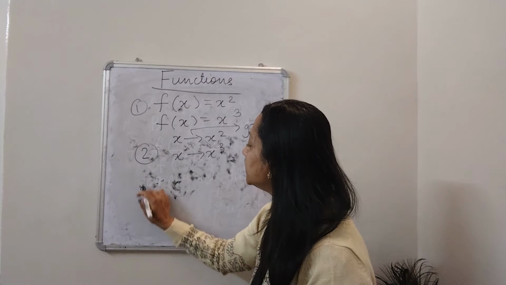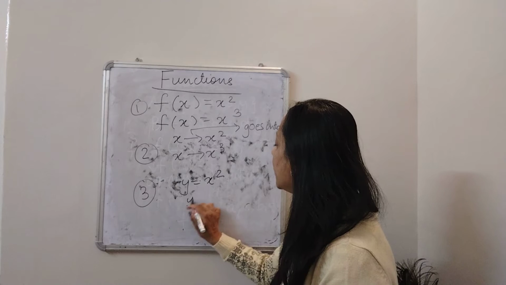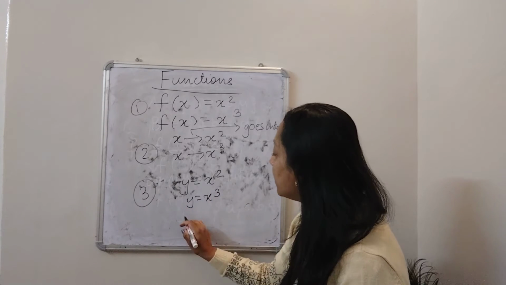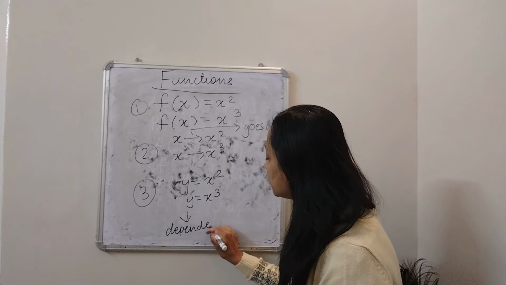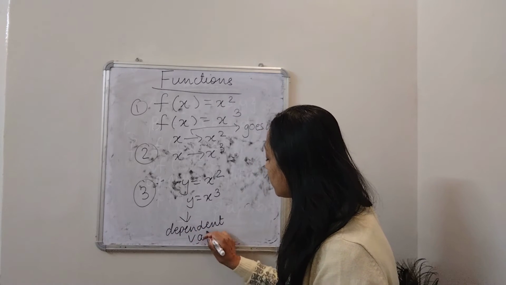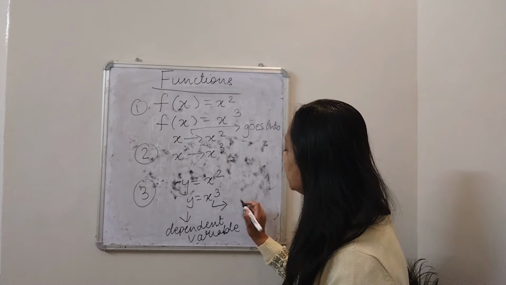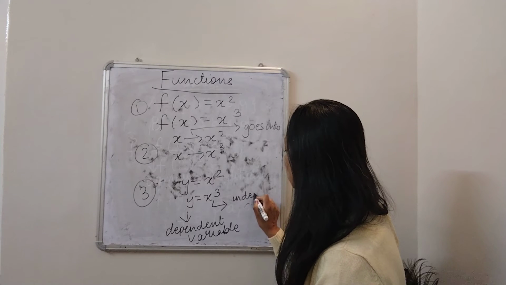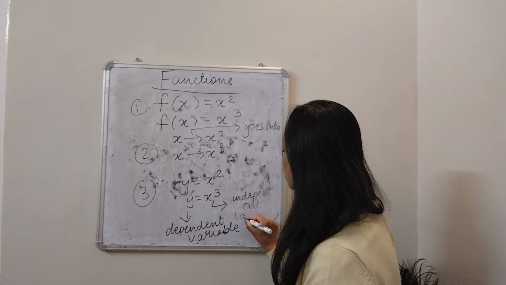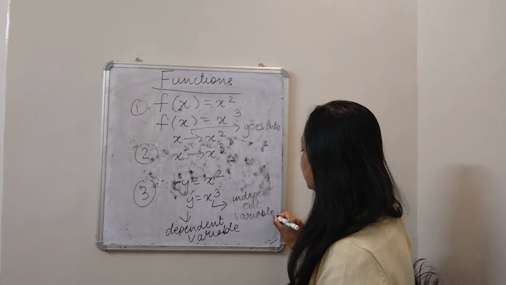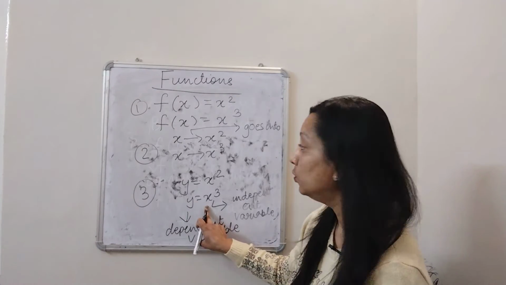The third way of writing the same function is y = x squared or y = x cubed, where y is called the dependent variable and x is called the independent variable. Y is called the dependent variable because the value of y here is dependent upon the value of x.